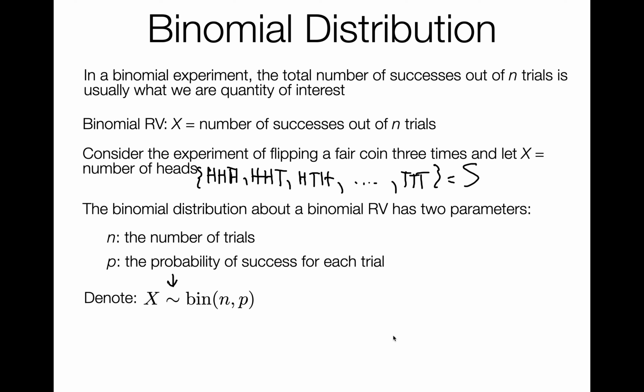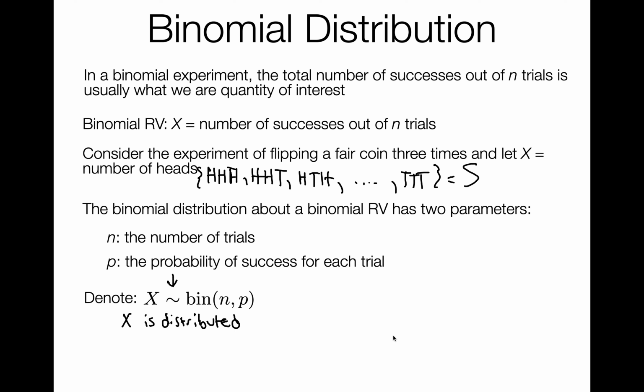Tilde. Tilde. If you look on your computer, it's on the top left, usually, of your keyboard, at least for me it is. It's called a tilde, and so just in words, I would say x tilde, and then I've got some stuff on the right side. We always put the random variable on the left, and we say x is distributed.